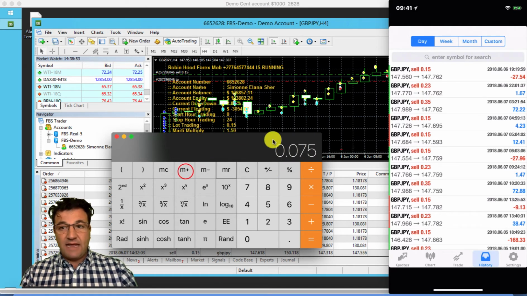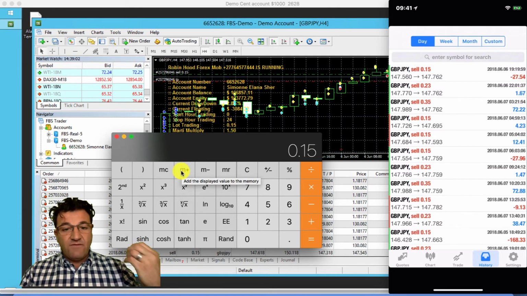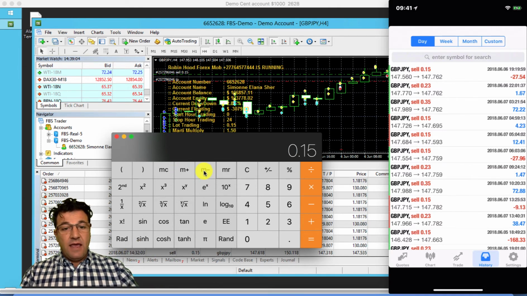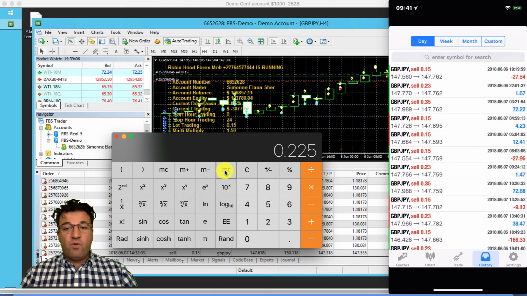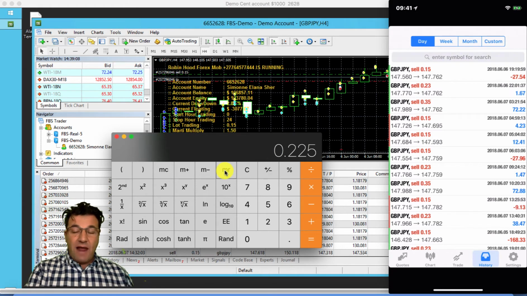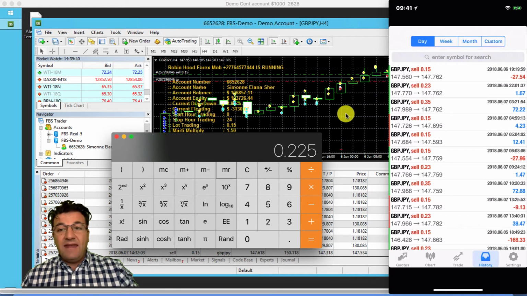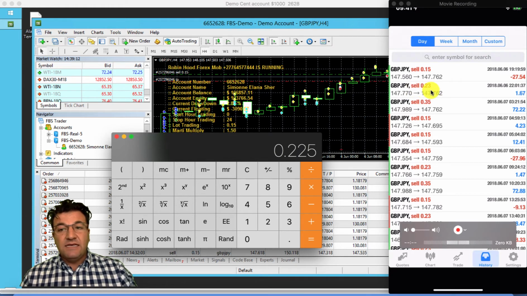We're going to memory plus that. Then we take 0.15 and add the 0.075 to that lot size, and we get a figure of 0.225, which is rounded off to 0.23, and that is what the next lot size is that it takes.